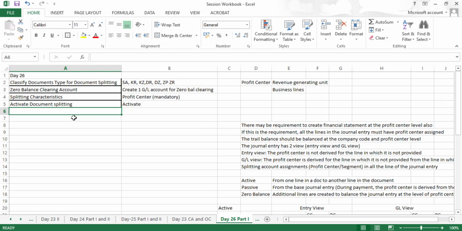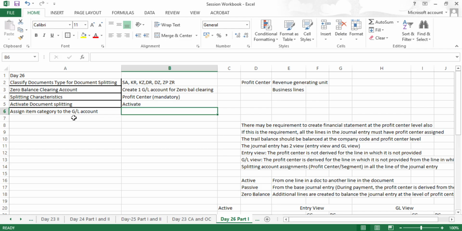Also, the next step is to assign an item category to the GL account, wherein we specify whether a particular GL is an expense, income, or balance sheet GL.